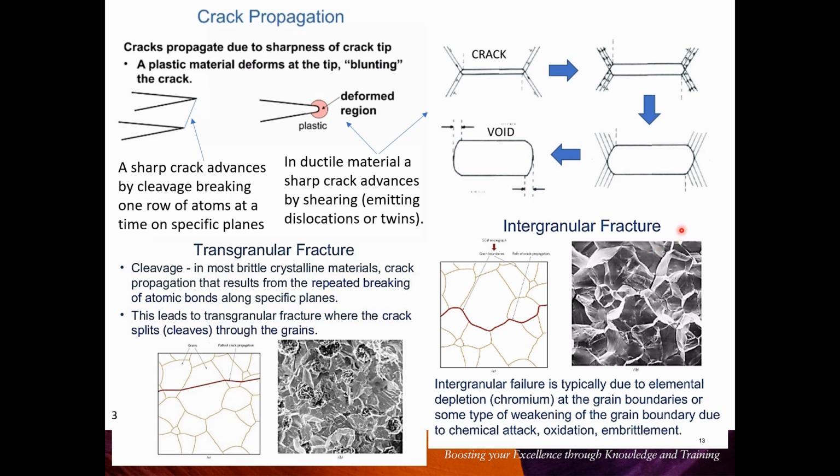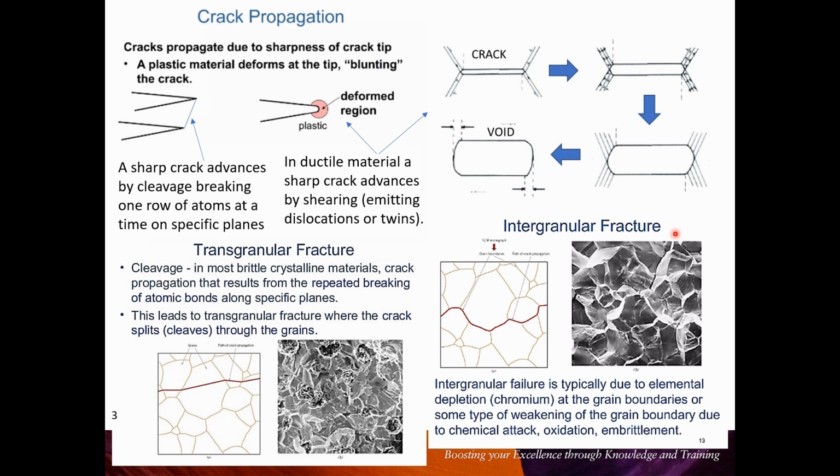And the other way for cracks to propagate is along grain boundaries. Now, normally grain boundaries are the strongest part of any material, because it's very difficult for dislocations to glide in the complex grain boundary structure. So typically the matrix will often yield long before the grain boundary might fail.